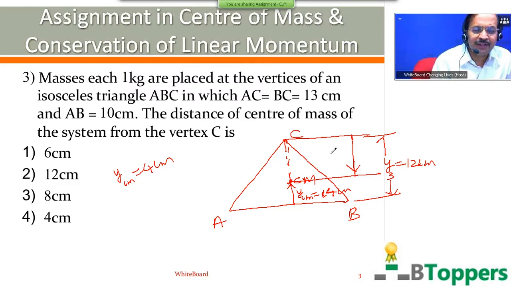That distance will be y3 minus the y coordinate of the center of mass. That will be 12 minus 4 centimeter, or 8 centimeter. So the answer is 8 centimeter.